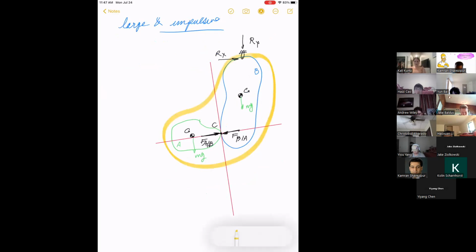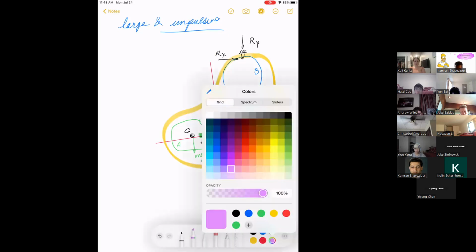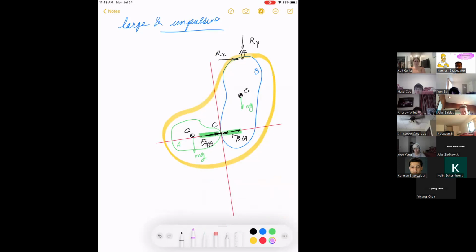If this is my system, do we have external forces here? Remember, F_AB and F_BA are action-reaction. They're internal forces. They cancel out each other. Do we have any external forces that you cannot cancel out? Yes or no? Technically, Ry and Rx are not canceled out by anything.